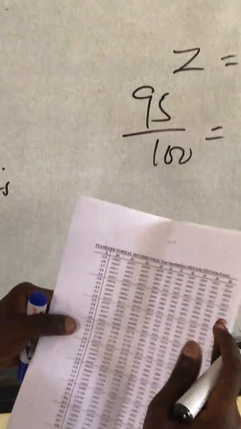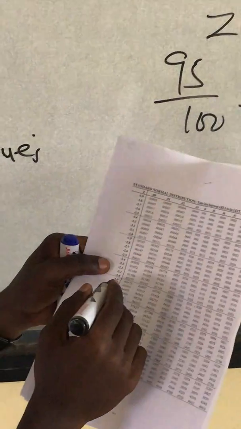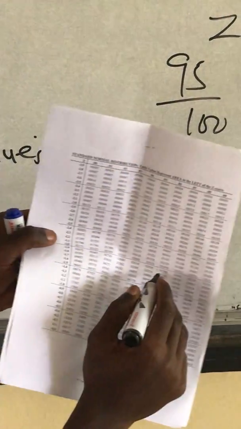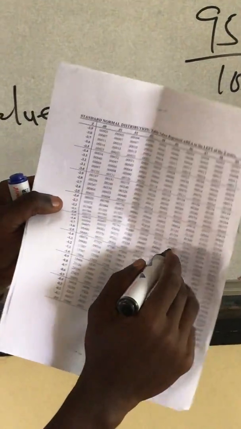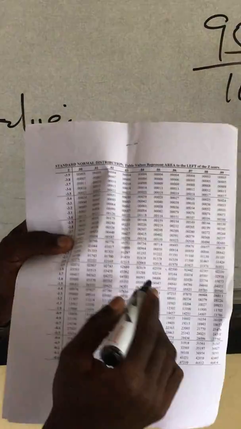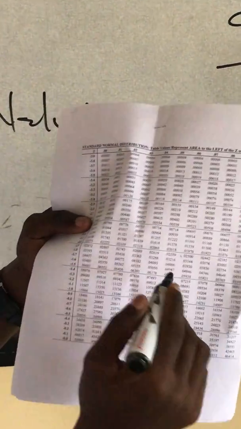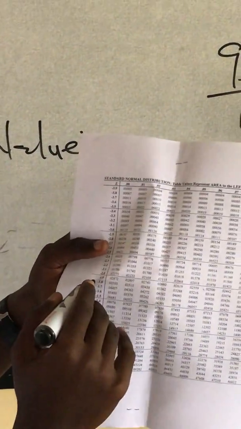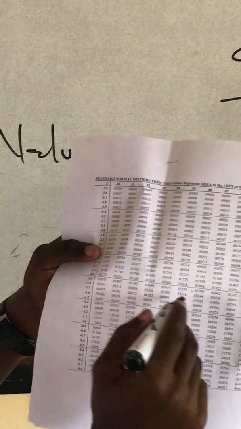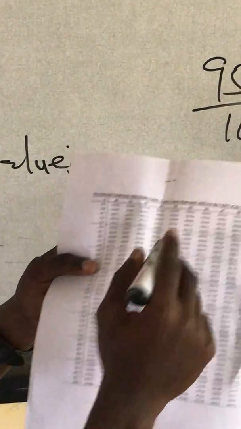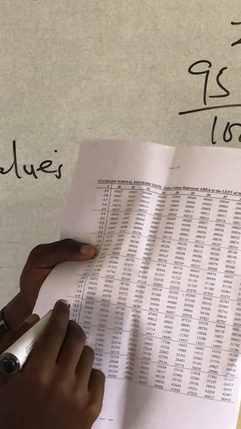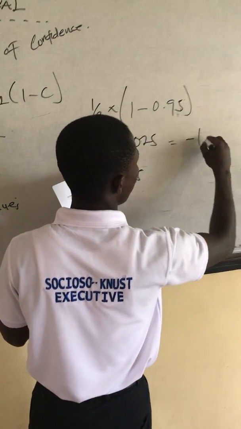This is my zero column. So 0.025 is here, that is 0.02500. It can be located on this side. When I look here, it's negative 1.9, and here is 0.6. So 0.025 on the table is negative 1.96.